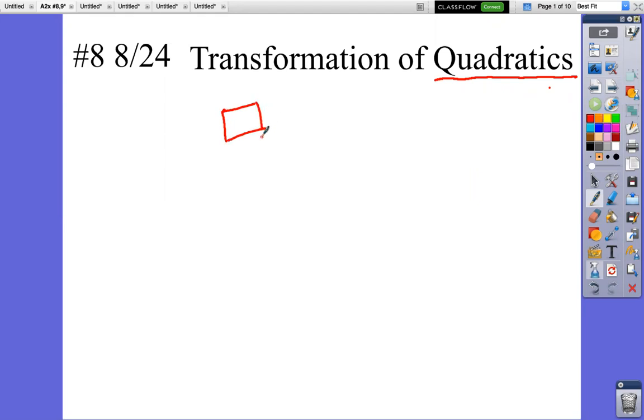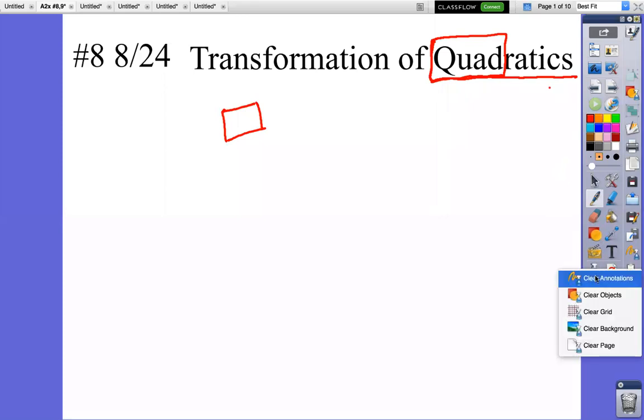Your quadricep in your legs has 4 parts of that muscle. Quad typically means 4. Now, that's kind of what I was expecting, but in math, it means something a little bit different. Remember, last year in geometry, you guys were studying quadrilaterals, not quadratics. And let me show you the difference.